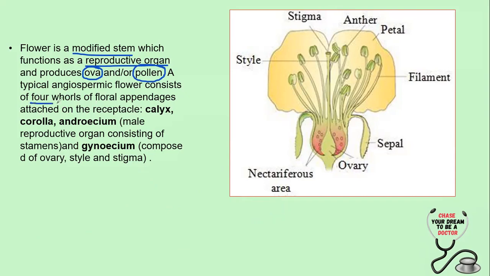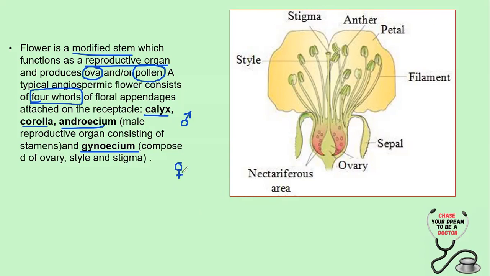There are mainly 4 whorls of floral appendages associated with a flower: the calyx, corolla, androecium and gynoecium. What is androecium? Androecium is the male reproductive part of the plant, and gynoecium is the female reproductive part of the plant.